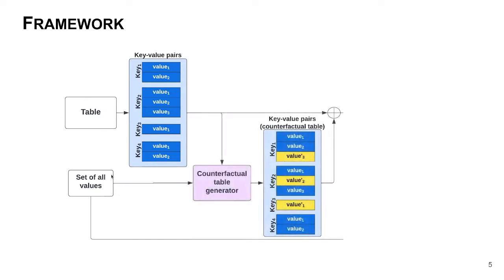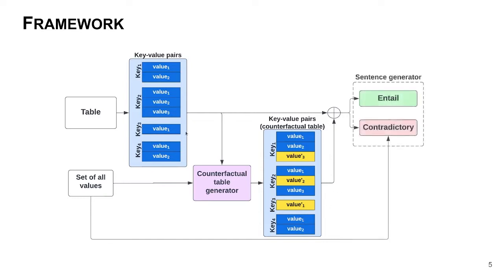Using the table and the set of values, we generate a counterfactual table. For creating the counterfactual, we use three operations: add, substitute or delete. Here you can see for key 1 we added a value 3 prime. For key 2 we substituted a value 2 prime, and for key 3 we again substituted a value.